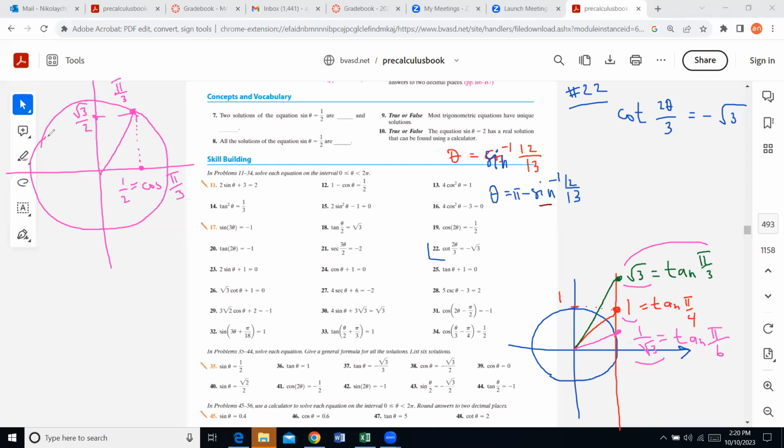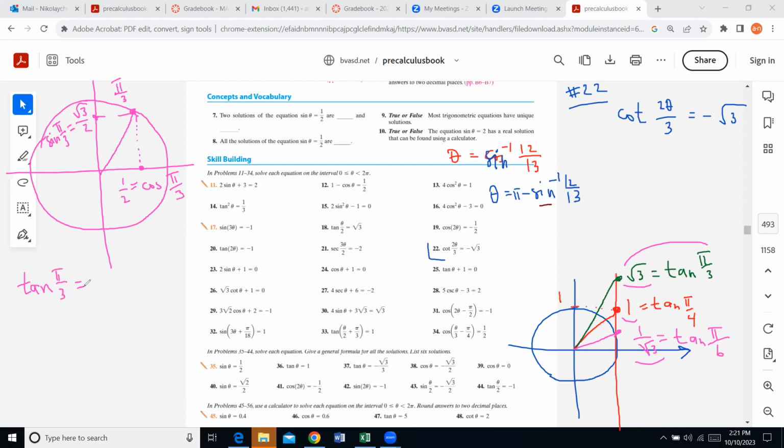I hope eventually you will believe me and find this faster than I do, because we're talking only about pi over 3, pi over 6, and pi over 4 angles. So now we're trying to find tangent. Actually, this exercise is about cotangent. Well, cotangent is 1 over tangent, so if we know tangent, then we get cotangent.